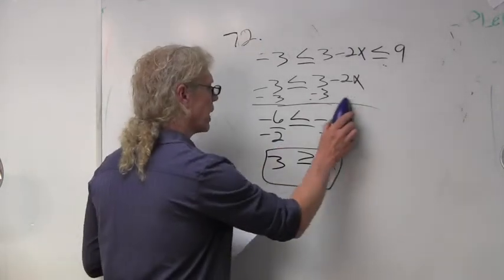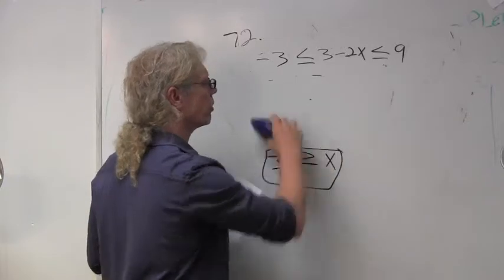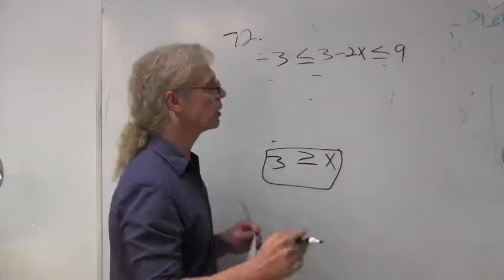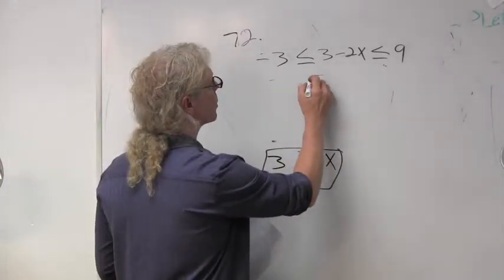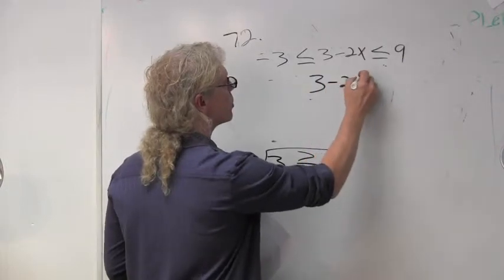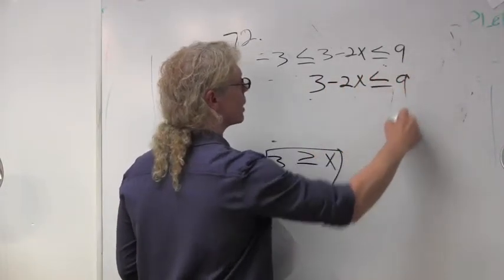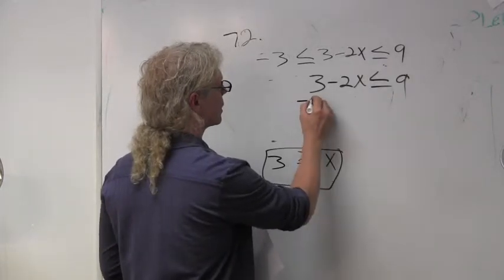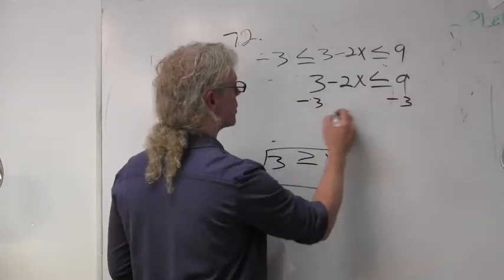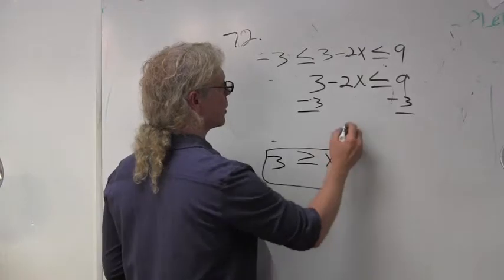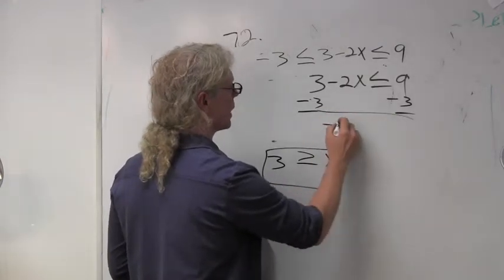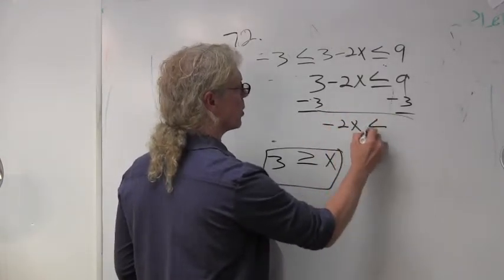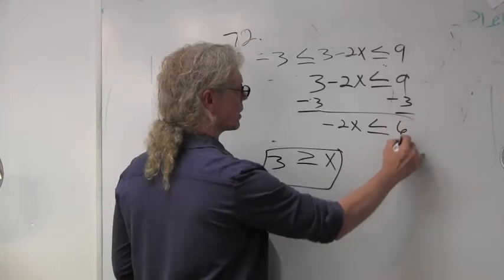Okay, we will leave that up. We will then solve the right-hand side, which says 3 minus 2x is less than or equal to 9. I will subtract 3 from both sides, which will give me -2x is less than or equal to 6.